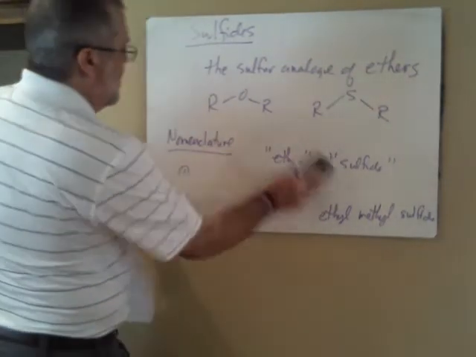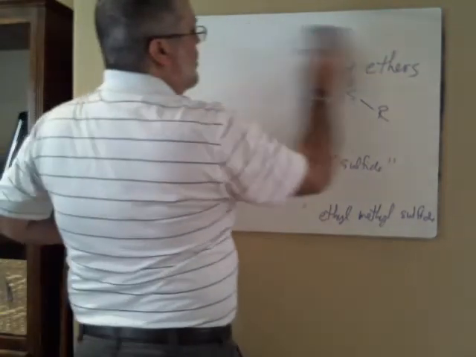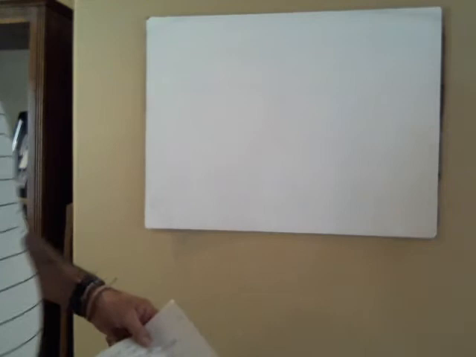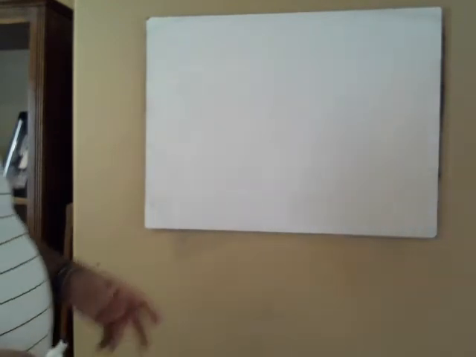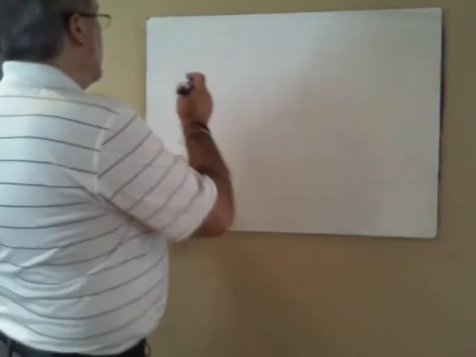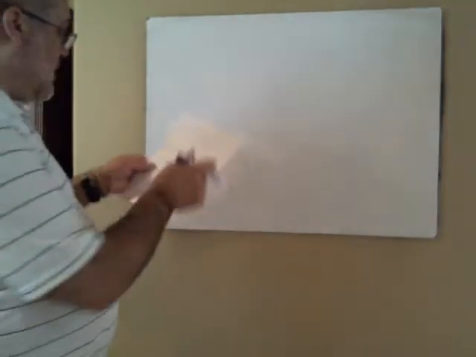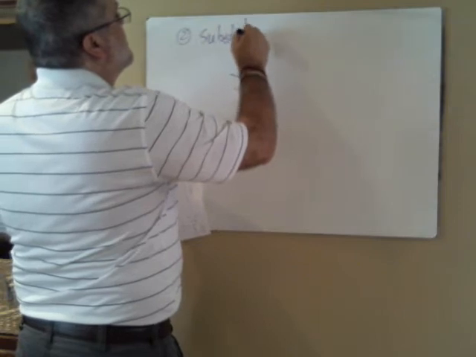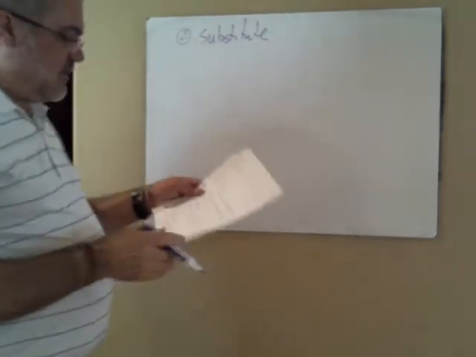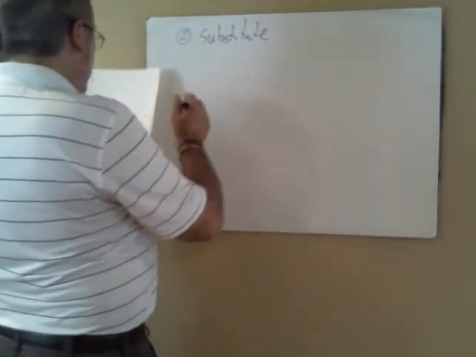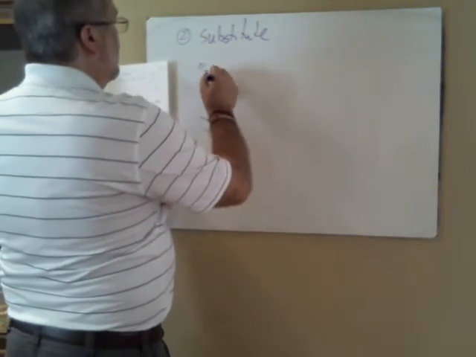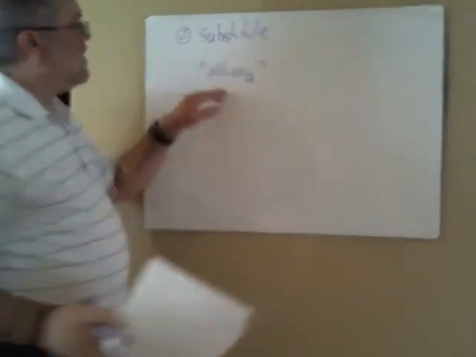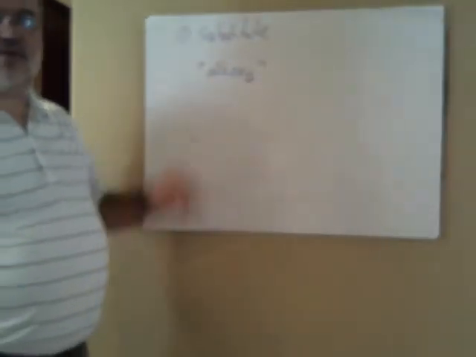But just like we saw with ethers, if you have a more complicated system where you have multiple functionalities, and the sulfide then becomes a substituent name. Okay, so substituent. How would you name it as a substituent? And remember, with the ethers, we use the alkoxy nomenclature method.